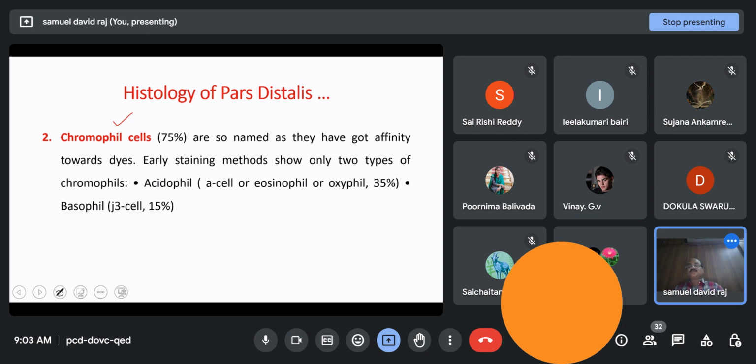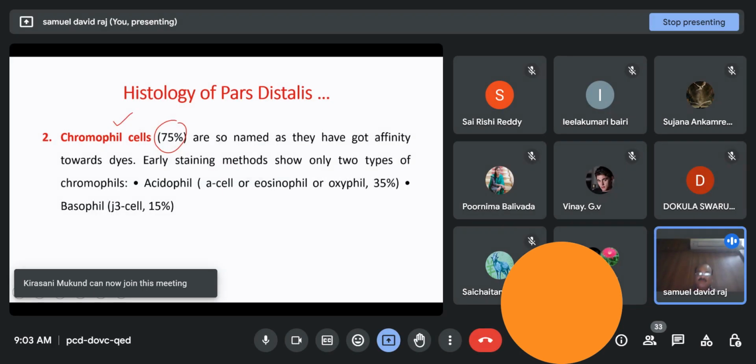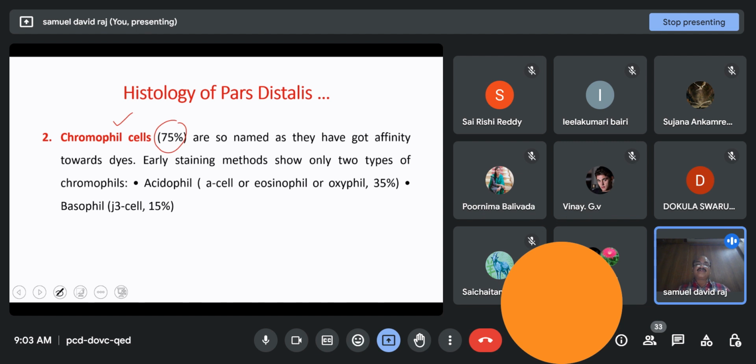Coming to the chromophils, these constitute 75%. That means all the remaining percentage after chromophobes is constituted by the chromophil cells. These make up the largest part. The term is again derived from two terms: philic means loving, they love pigmentation. Why? They have secretory granules inside.